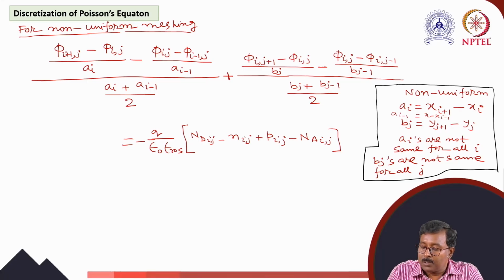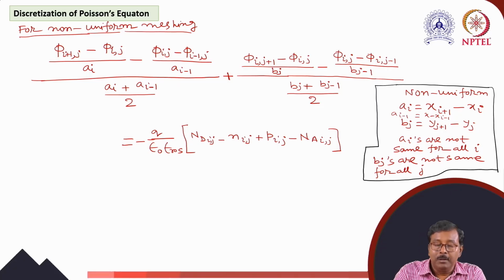Similarly, del square phi del y square: the suffix will change in the j domain. i remains the same in all cases, but j changes, and that's why this is b_j-1 in the same way. So in non-uniform meshing, we use the notation a_i and a_i-1, because they are not equal.